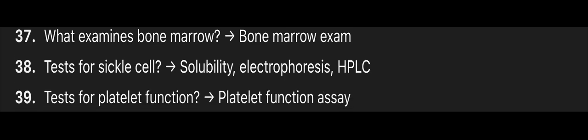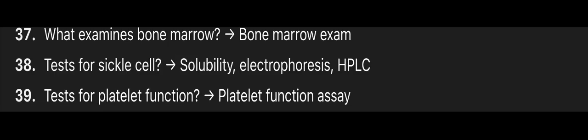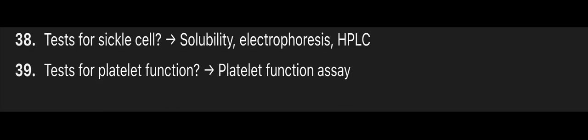What is the test for platelet function? A platelet function assay. And we use the light blue top tube, sodium citrate, for that collection. For most other tests, we're actually going to be collecting in the violet tube top, EDTA.